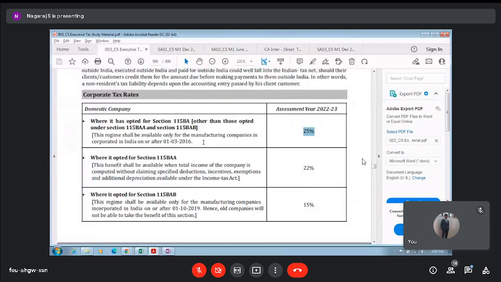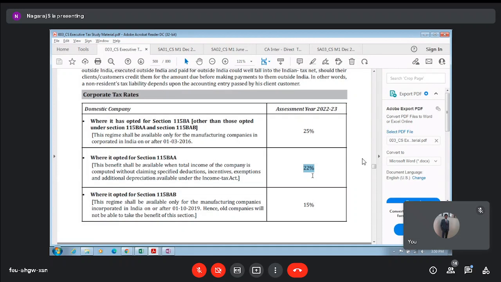To whom it is applicable? It is applicable only to manufacturing companies. Do you guys remember that one? Yes, sir. Okay. Only for manufacturing companies it is applicable, 25%. To whom 22% tax rate will be applicable? Domestic company exercising option under 115 BAA. Okay. It is applicable to them.